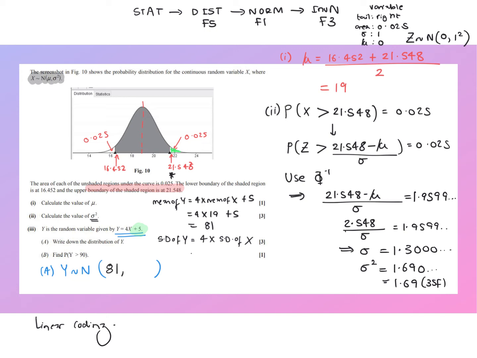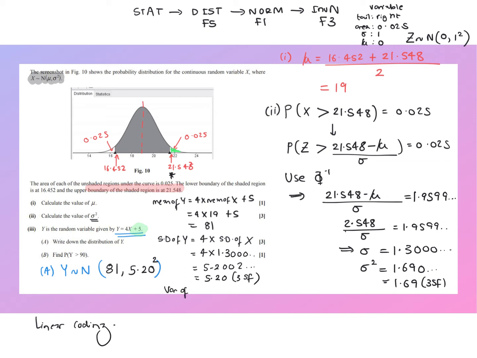So the standard deviation of y will be 4 times 1.3000... So that then gives us a value of 5.2002... So let's say 5.20 to 3SF. So the distribution of y I can write has a standard deviation of 5.20 or a variance of 5.20 squared.